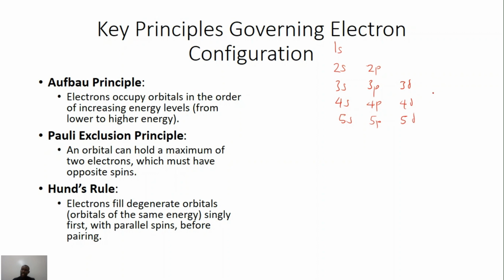The next one is f: 4f, 5f. Take note of these numbers. Now, how will the electron be filled in the orbitals? The electron will be filled starting from the lower energy level to the higher energy level. Check this arrow out.